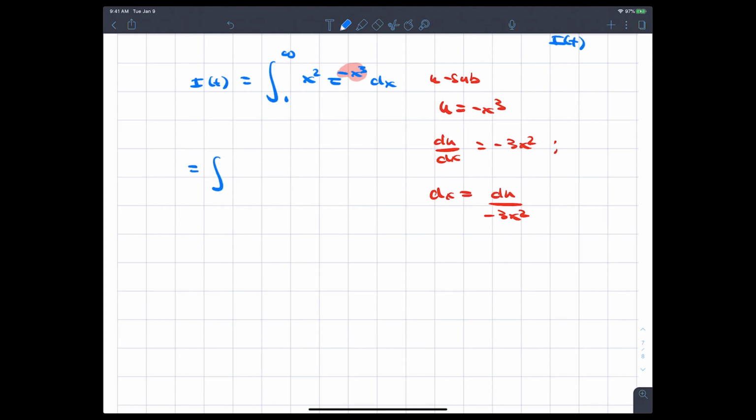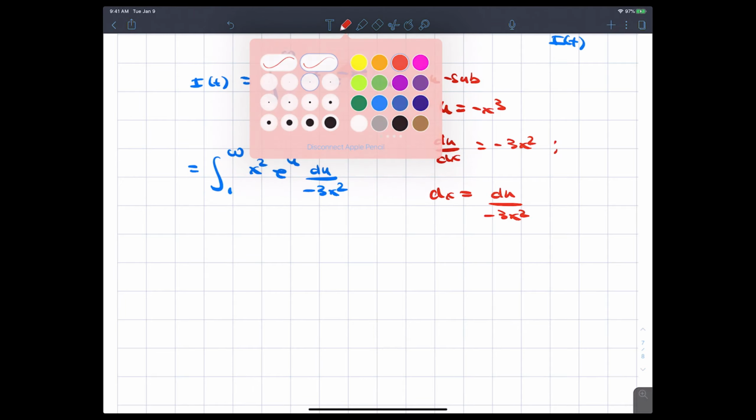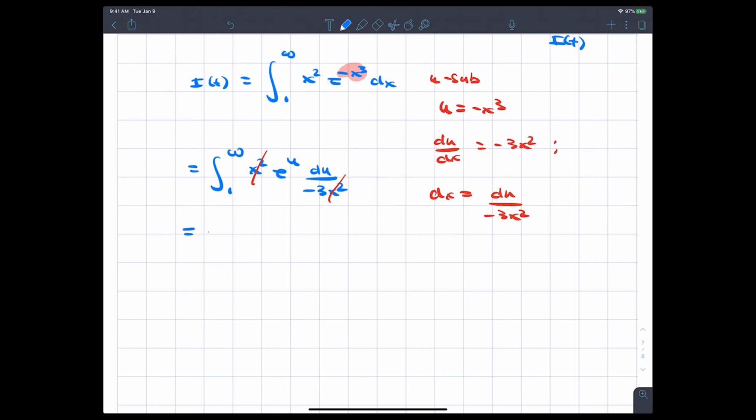So this becomes 1 to infinity x squared e to the u, we have du over minus 3x squared, and then you notice your x squareds cancel. And you end up with a minus 1/3 integral e to the u du.